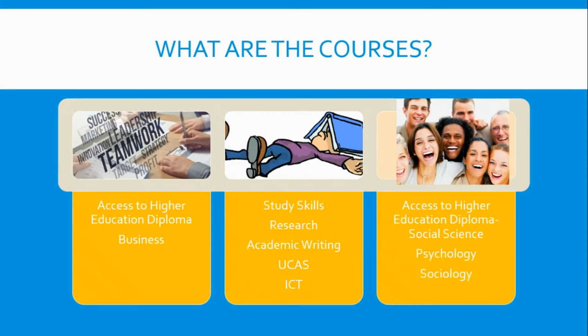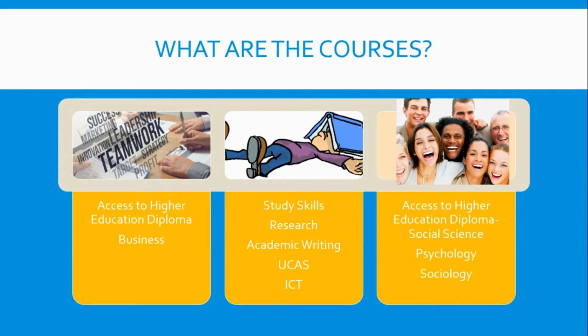So, what courses do we offer? We offer an Access to Higher Education Diploma at Level 3 in Business. That includes lots of HR units and general business theory units.